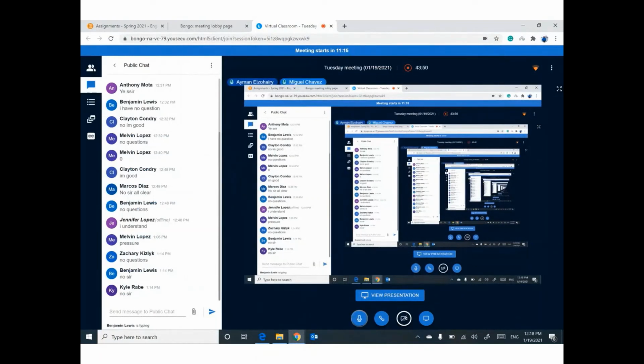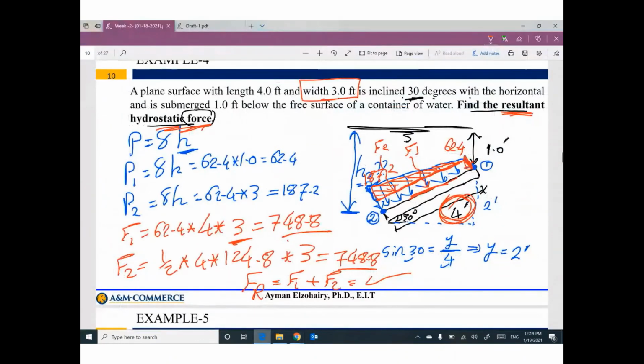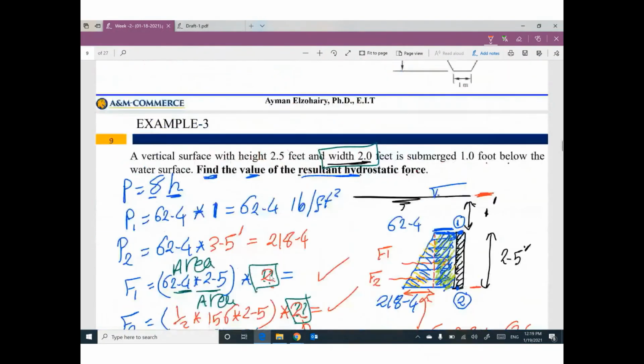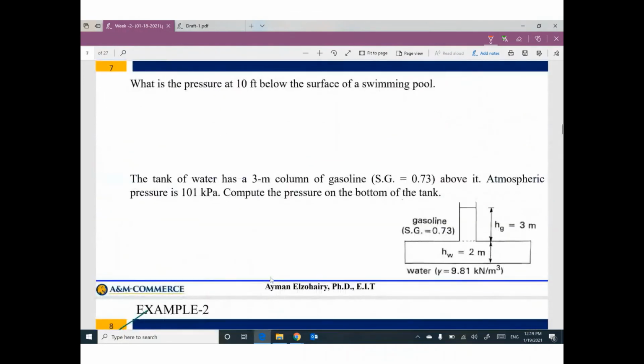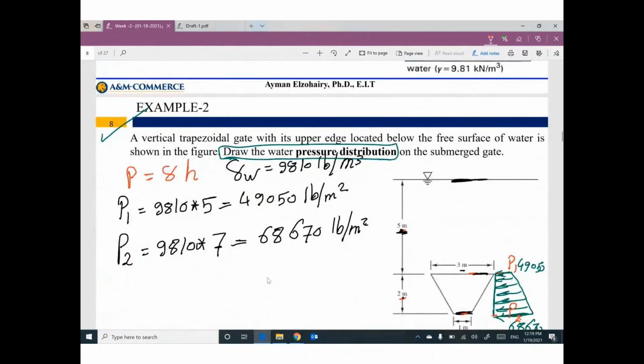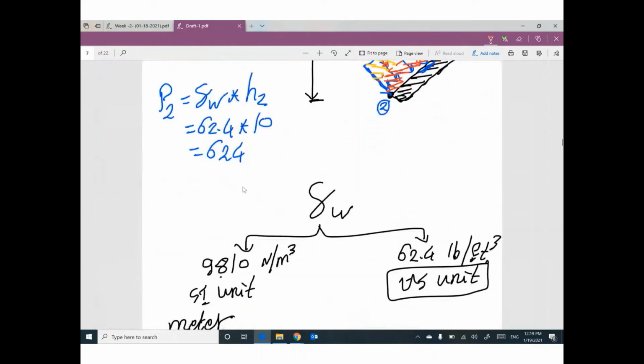Wait, I think I have a question. Yeah, go ahead. In the very first example you did, the one that you created, not the one that was on the notes, can you go back to that, the very first example?